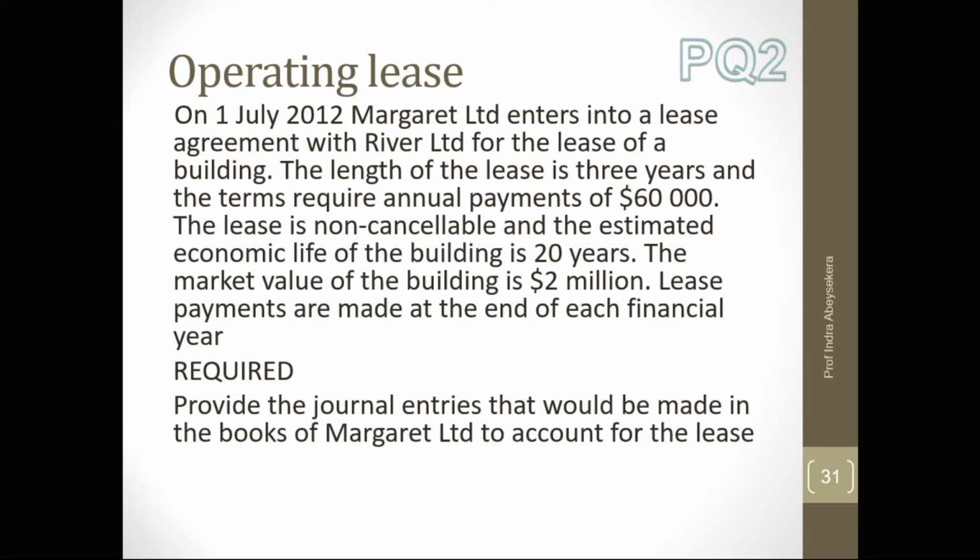So looking at this, we can see that the lease period is very short. The economic life is 20 years. Length of the lease period is 3 years, and therefore it is less than 75% of lease life. Therefore, we classify that as an operating lease.